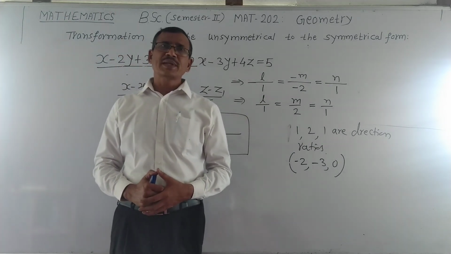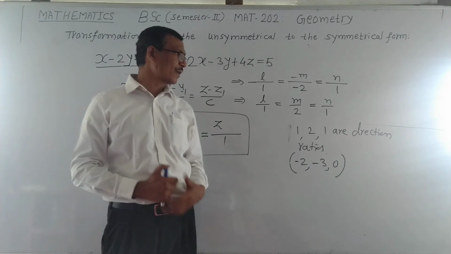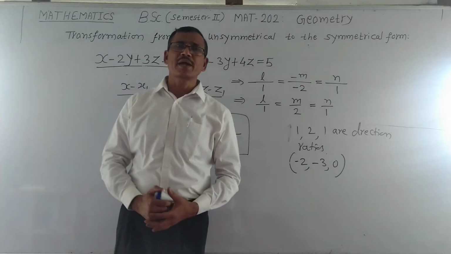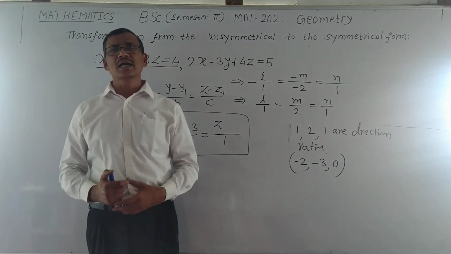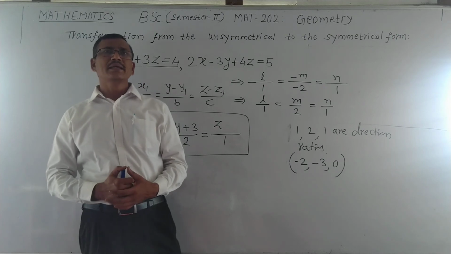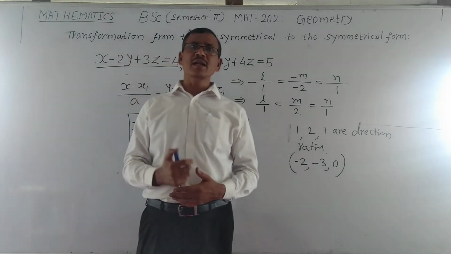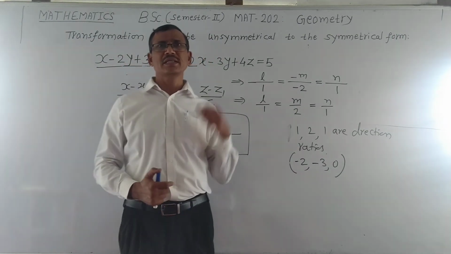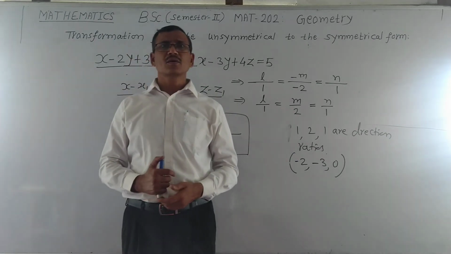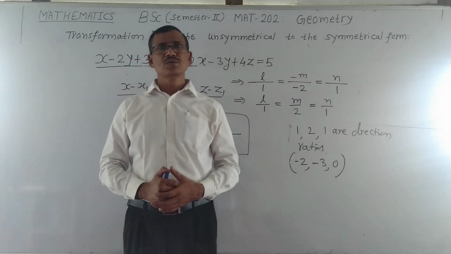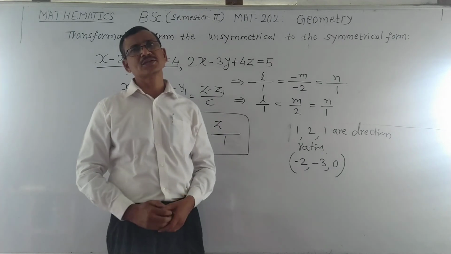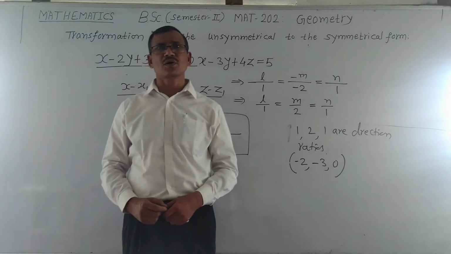And to obtain the coordinates of any one point which lies on the line, consider the given line intersecting any one coordinate plane. In this problem, we have taken the plane z equals 0. We can take plane x equals 0 or y equals 0 also.